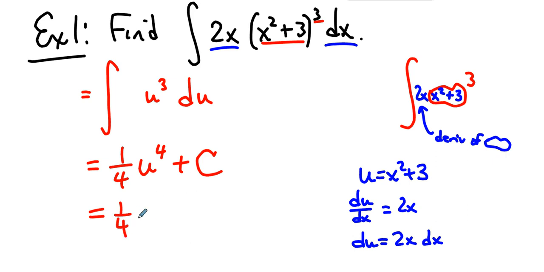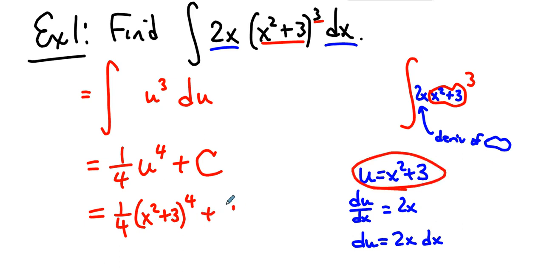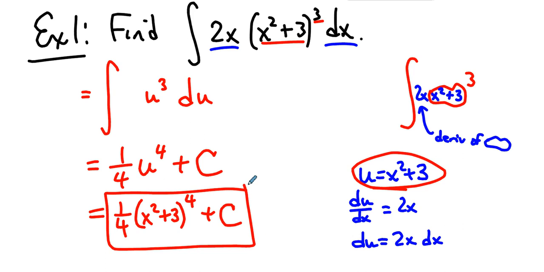So we give the answer in terms of x by replacing the u with the thing that's u. This is the process known as u-substitution. It allows us to do the chain rule backwards. It allows us to do the chain rule in reverse.